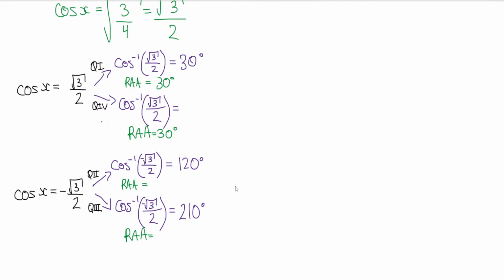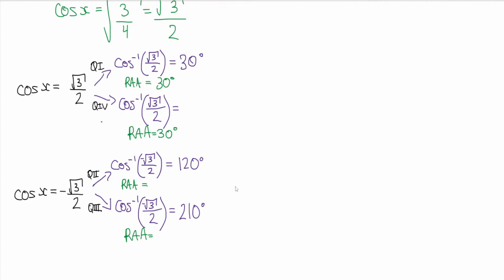What is the related acute angle of 120? It's 30 away from 180? Yeah. Okay, but then what was the related acute angle of this one? Something's up here. Should it be 60 or 30?